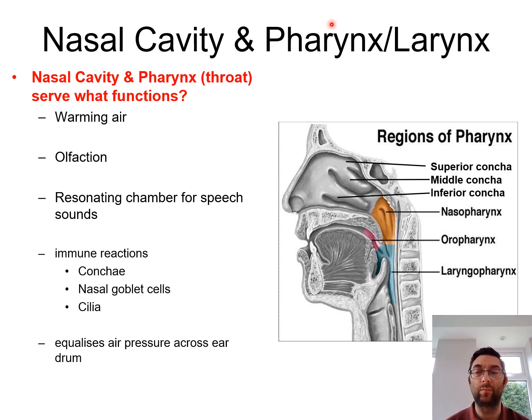Now, there's a number of different methods you can do. Something called the Frenzel technique, where you can take bigger gulps like this, and again that helps to push air into the middle ear. Or you can, as I said before, just pinch your nose and blow it. Chewing again helps to open up these eustachian tubes.